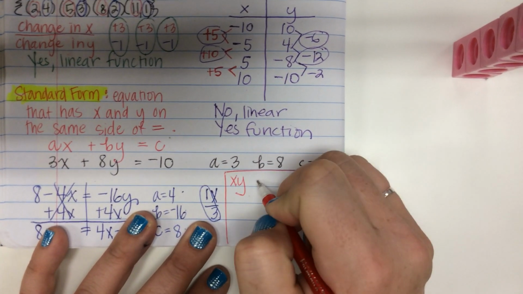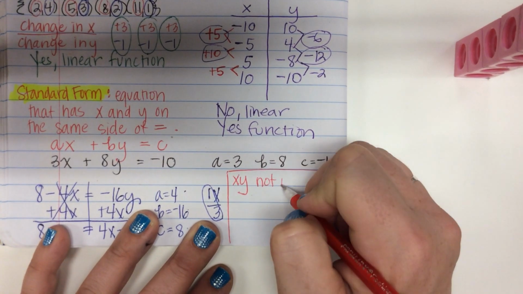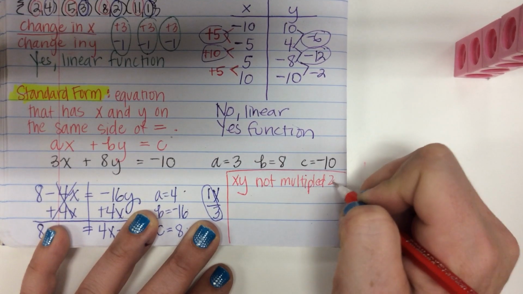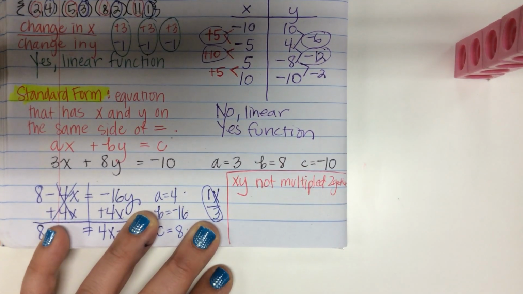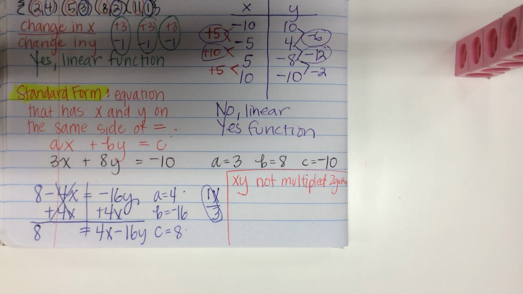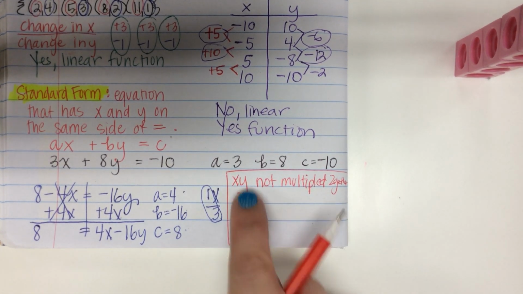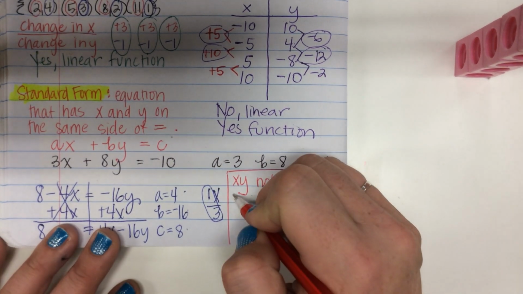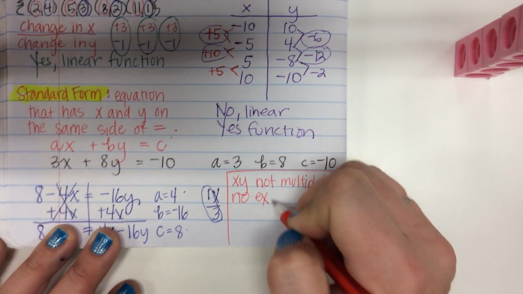X and Y are not multiplied together. You cannot have X times Y. That's nonlinear. That will not make a line. You can have no exponents.